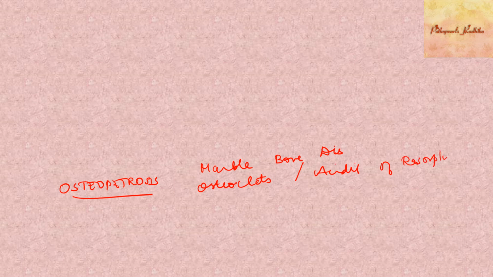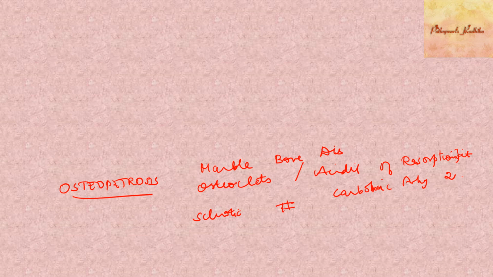So that could be due to defect in any enzymes or any chloride channel or any other channel. So one example is defect in carbonic anhydrase 2. So because of that, what happens? No acidification, no resorption, no formation of medullary cavity. So your bone will be sclerotic, but they are not strong. They are more prone to fractures.